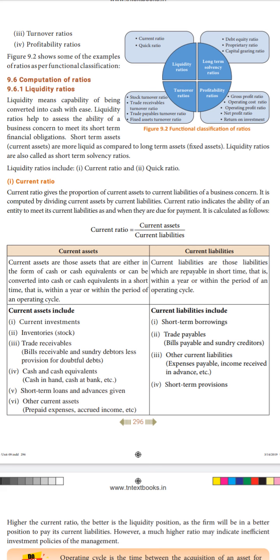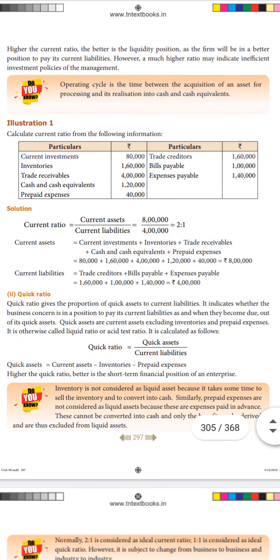The next one in your liquidity ratios is the quick ratio. Here the quick ratio gives the proportion of your quick assets to the current liabilities. Quick assets are nothing but current assets except your prepaid expenses and inventories, that is, quick assets is equal to current assets minus inventories minus prepaid expenses.